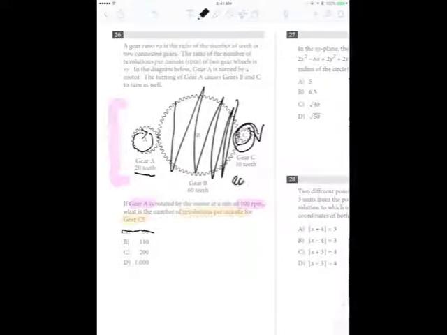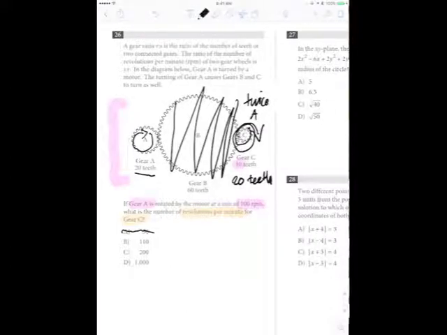If we've turned 20 teeth and gear C has only 10 teeth, that means that we have 2 revolutions for C than we did for A, which we started off by saying had 1 revolution of 20 teeth.